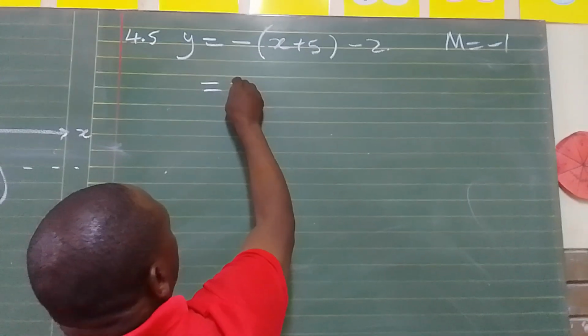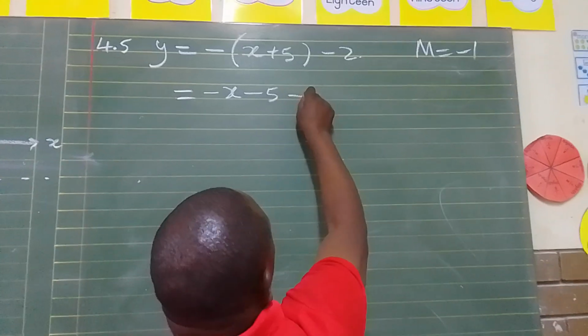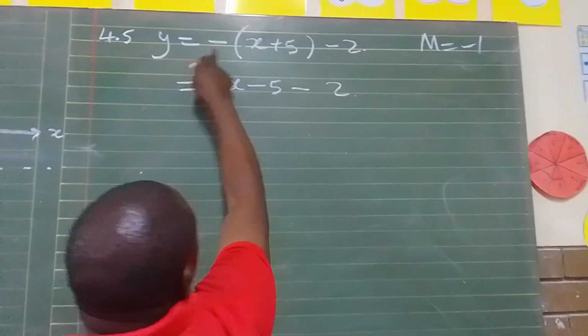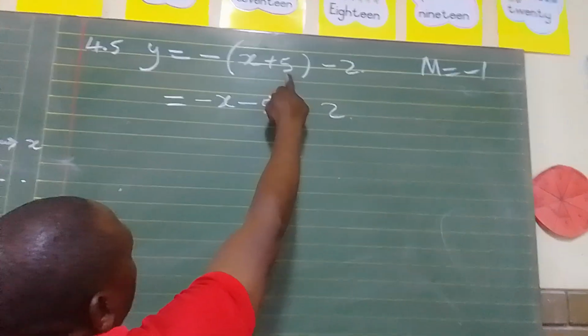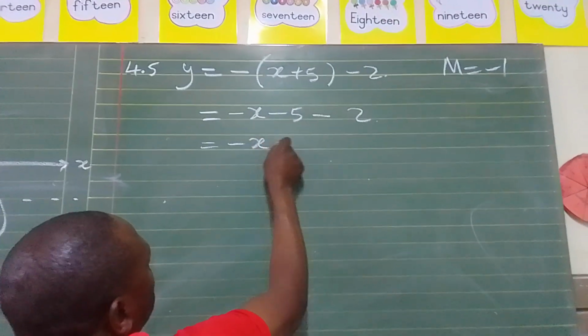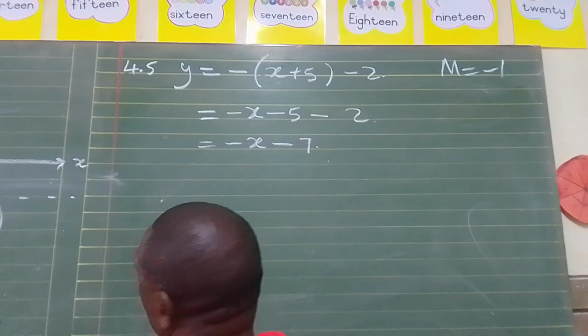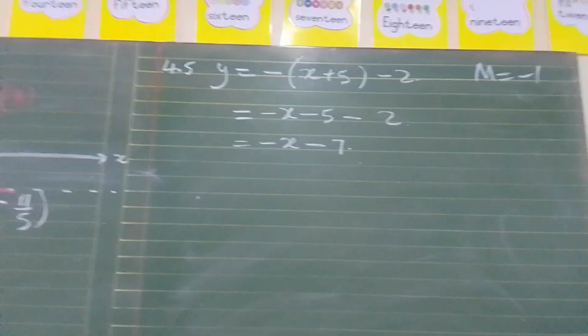Now you multiply throughout to get minus x, minus 5, minus 2. This minus that multiplied by that is negative x. A negative times positive 5 is negative. Then you get minus x minus 7. This is for how many marks? It is for 2 marks.